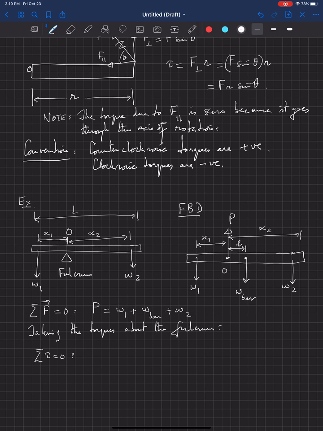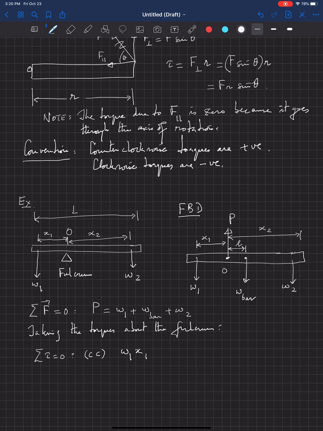Well, let's do the counterclockwise torques first. Well, W1, if you have the axis around O and you pull on W1, it's going to go counterclockwise. So that counterclockwise torque is W1 times the perpendicular distance, which is x1.